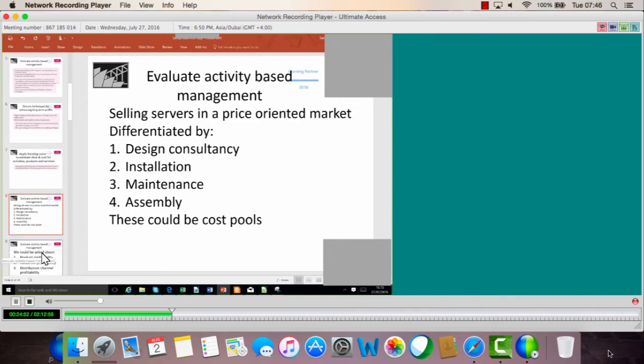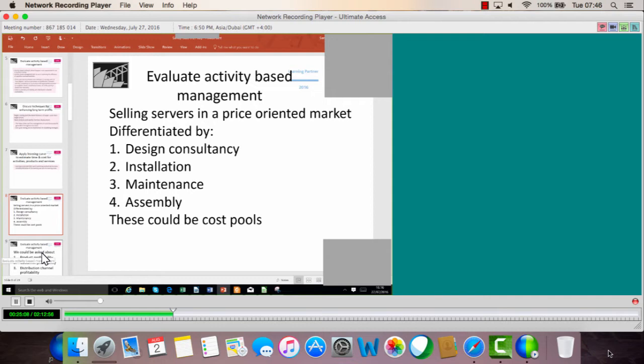Okay, returning now to the evaluation of activity-based management. These are some of the things that I've picked up on from the pre-seen.